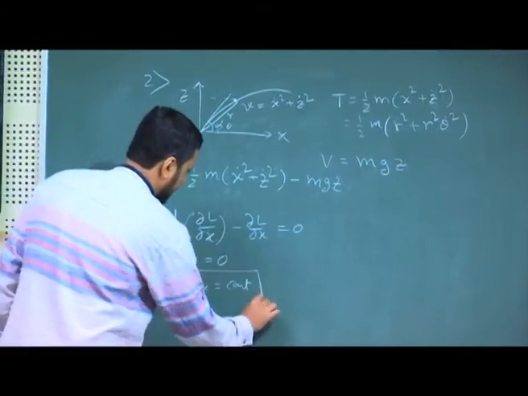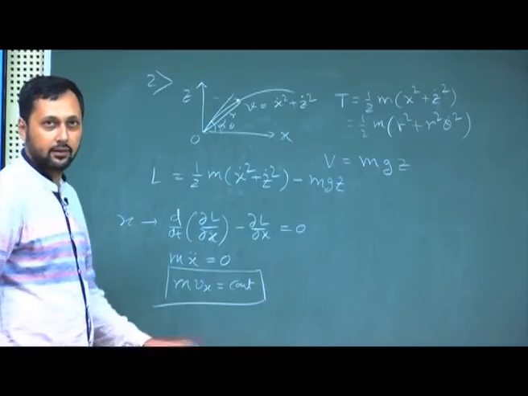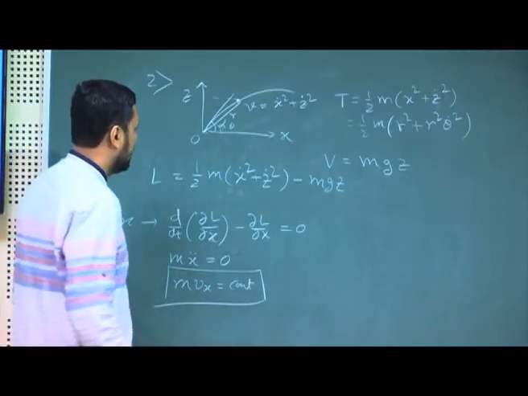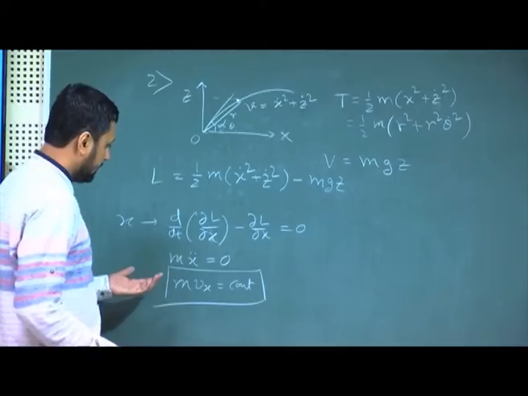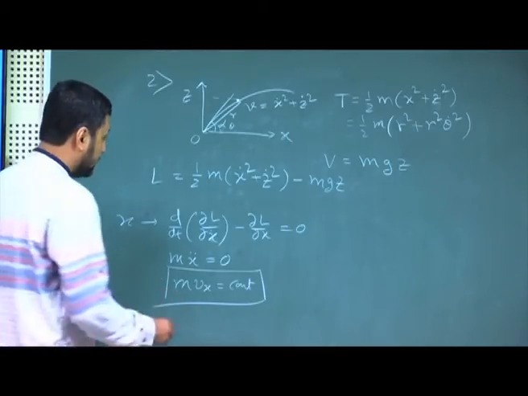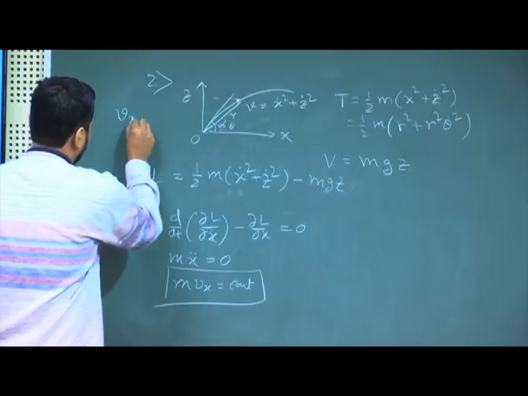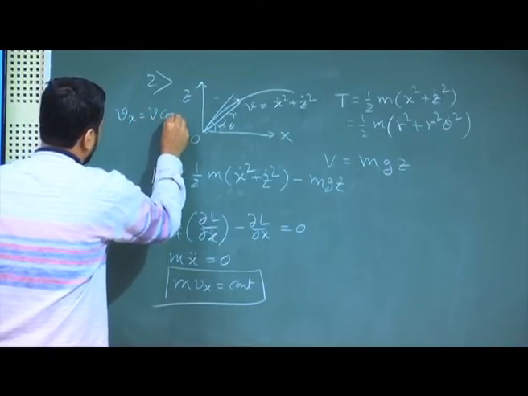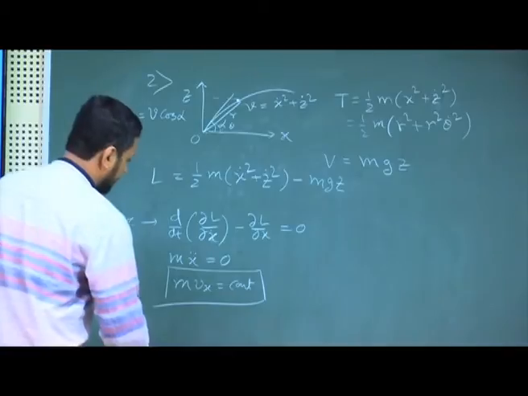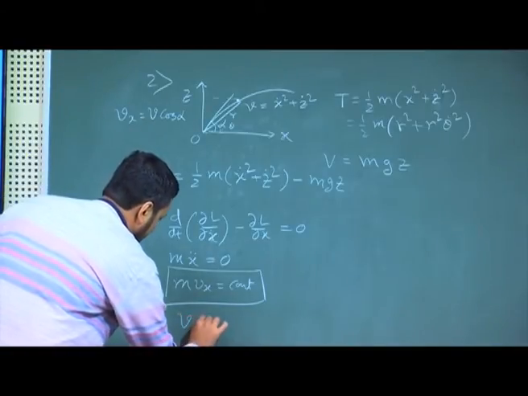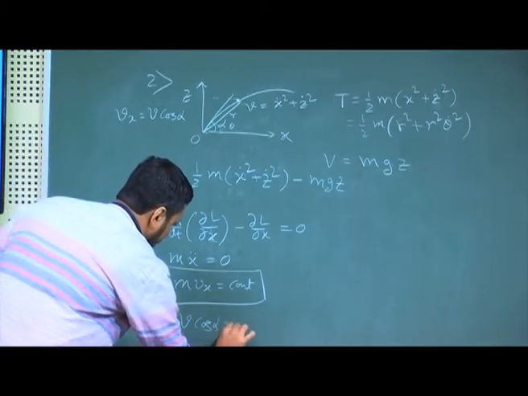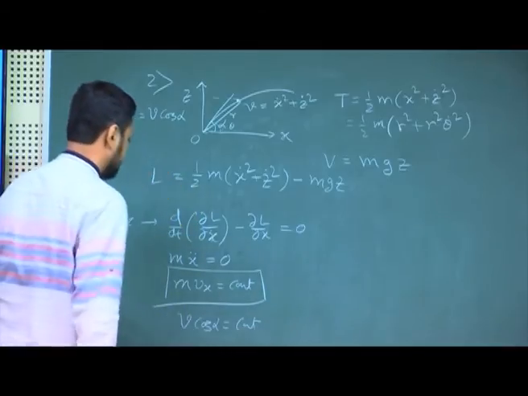This is obvious because in a projectile the x velocity has a constant value, and from the starting point itself we know that if your initial velocity is v, then v x will be v cos alpha, is it not? So, we immediately see that v cos alpha is equal to a constant.